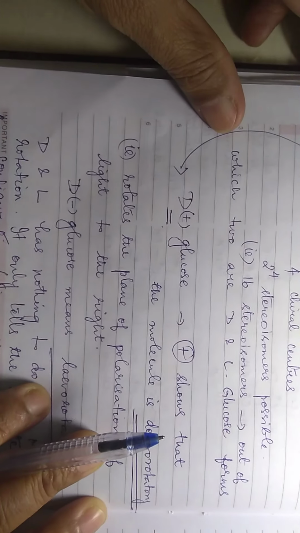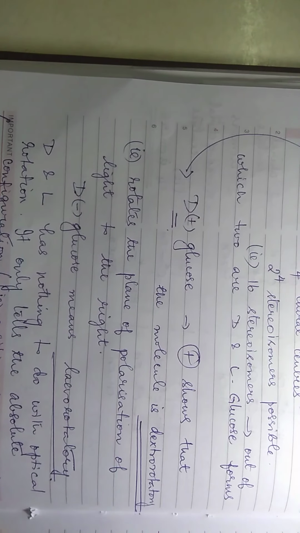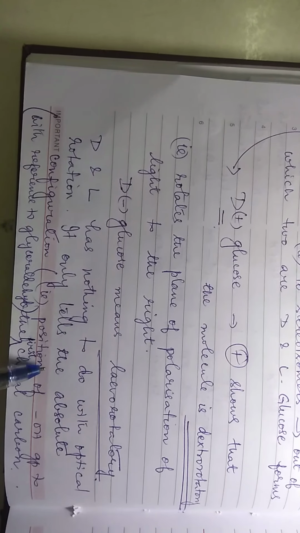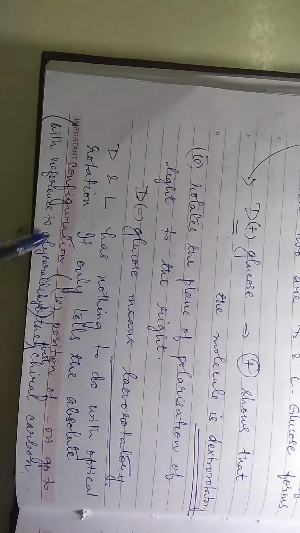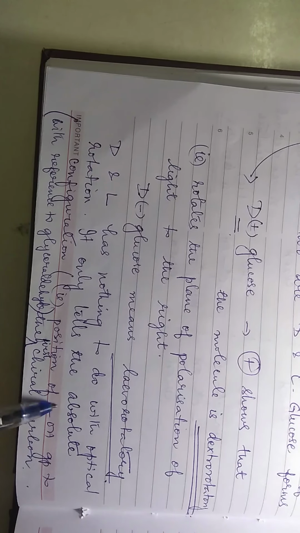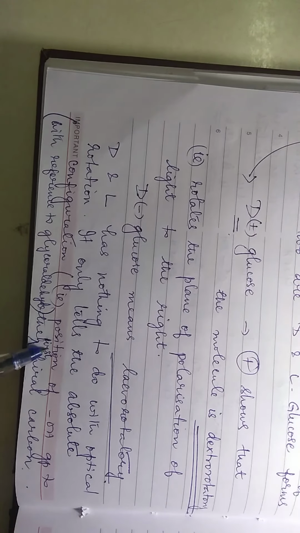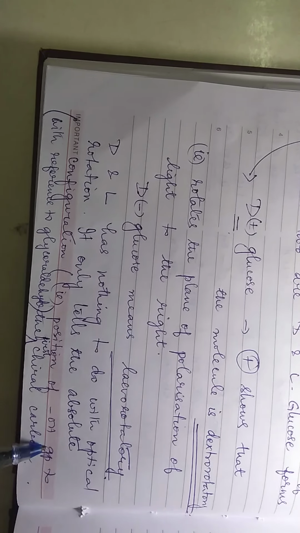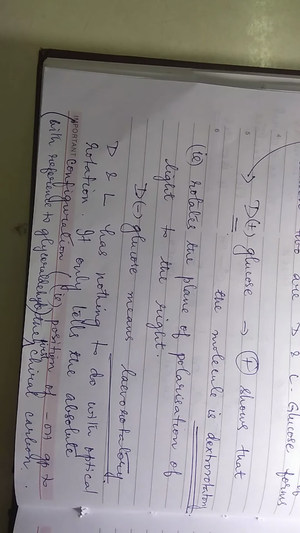Okay? So remember, this D and L has nothing to do with optical rotation. It only tells you the absolute configuration, that is the position of the OH group at the first chiral carbon or the lowest chiral carbon. That is what is given by the term D or L.